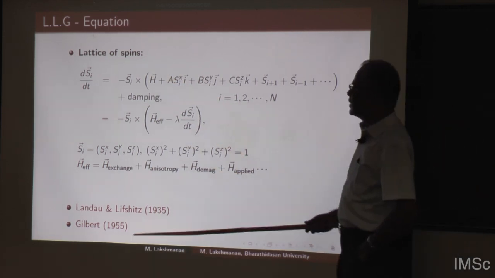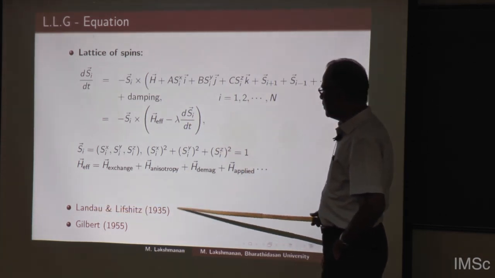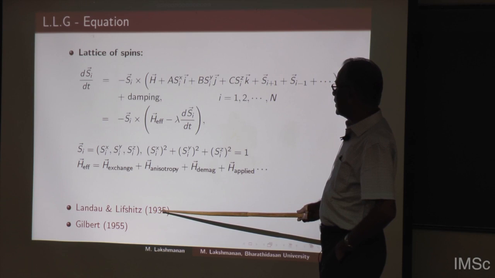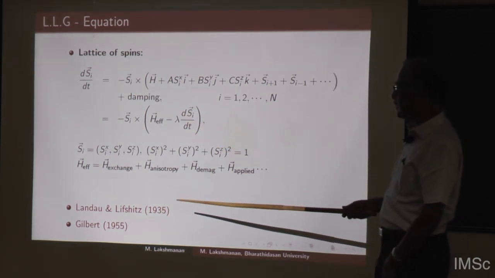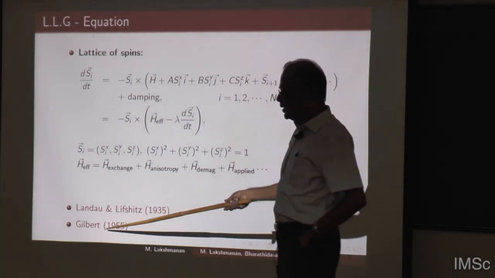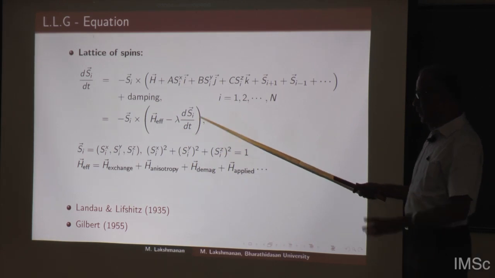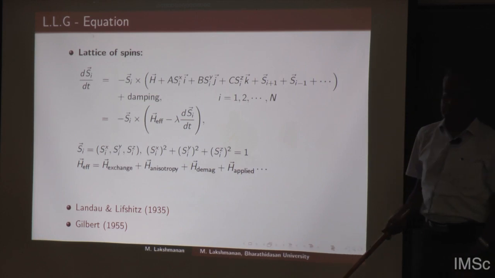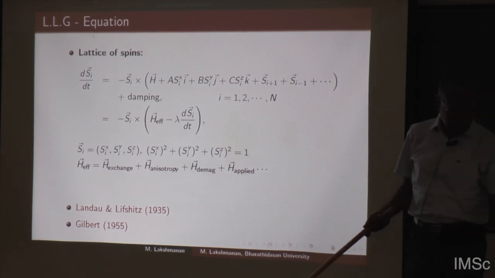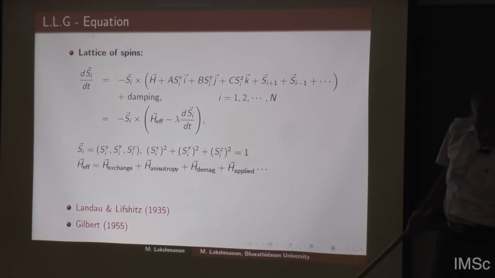This equation without the damping was originally written down by Landau and Lifshitz in 1935, who also introduced the damping phenomenologically from relativistic considerations. But Gilbert in 1955, from a Lagrangian approach, introduced this term rigorously. This is the basic equation in applied magnetism to describe magnetization, and it is called the Landau-Lifshitz-Gilbert equation.